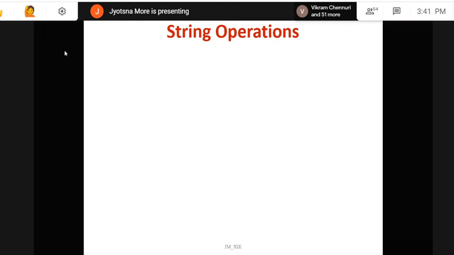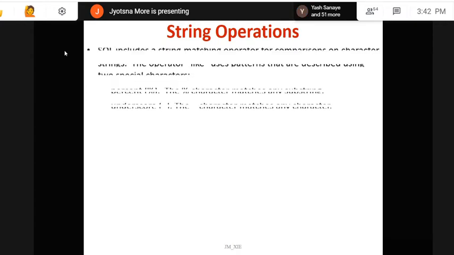And underscore means only one character. If I write underscore, it means a string of two characters. If I write underscore and then ABC, the first character can be anything and after that I want ABC.